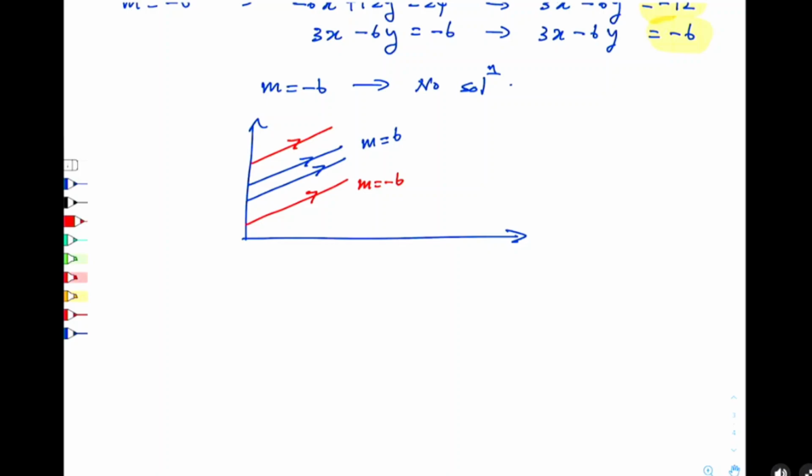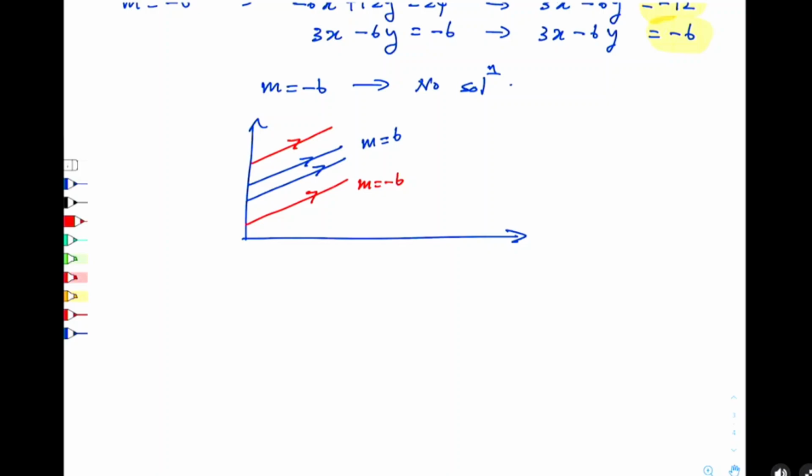So what's wrong with that? What this m value is doing, by keeping them parallel, they can separate. Possible, right? So m is equal to 6 and minus 6 both will give you no solutions, right?